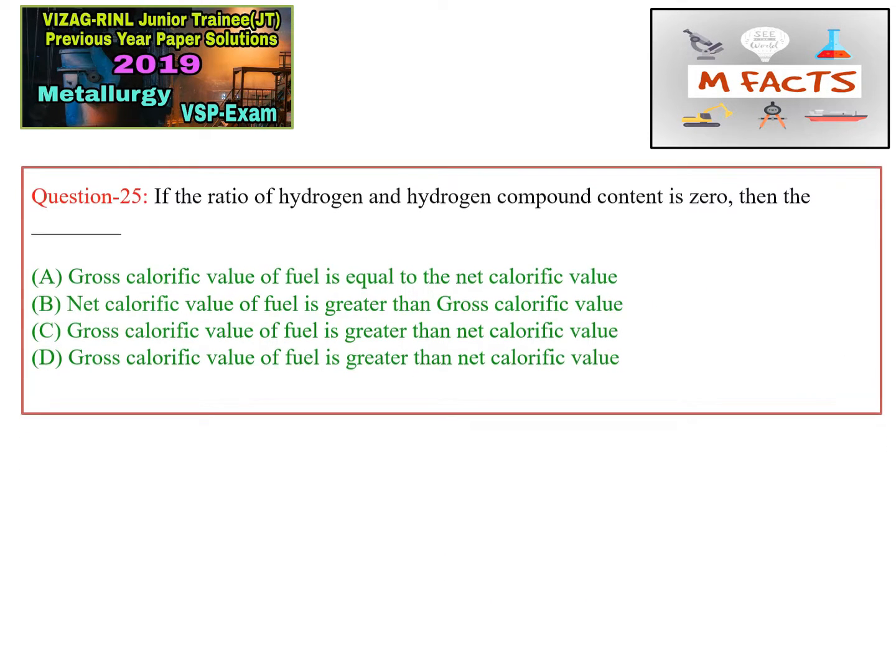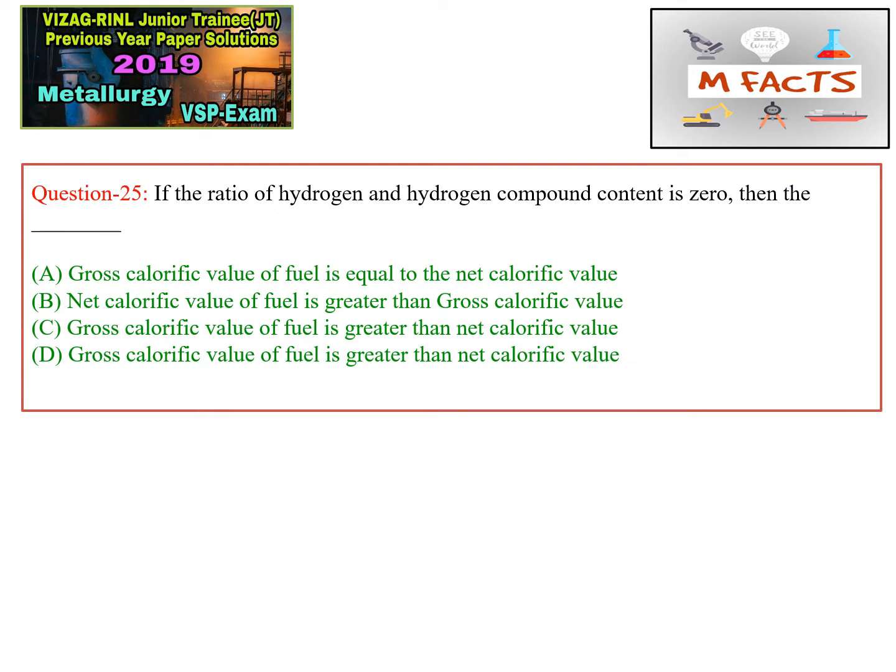The next question is: if the ratio of hydrogen and hydrogen compound content is zero, then the gross calorific value of the fuel is equal to the net calorific value. Gross calorific value, also known as GCV, is the higher calorific value used for any fuel, and the net calorific value is known as the lower calorific value.